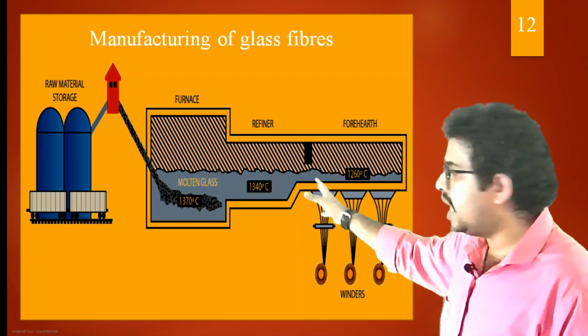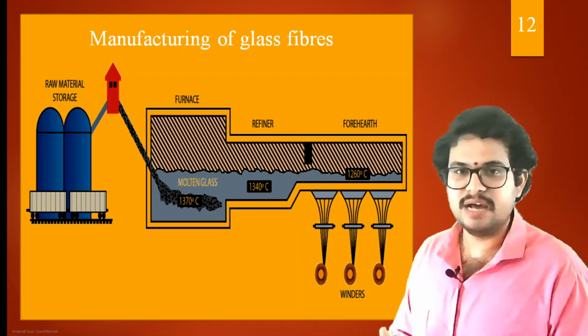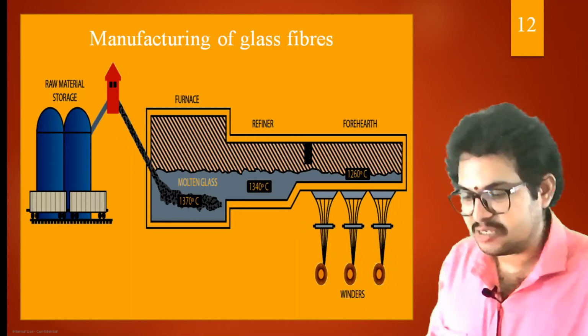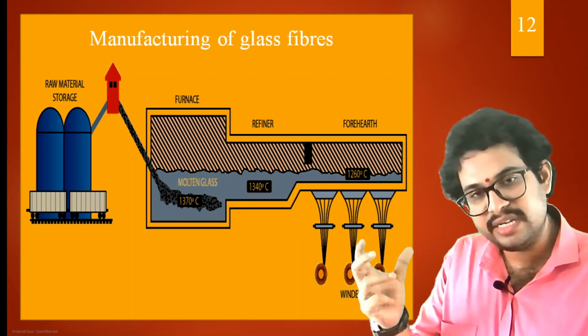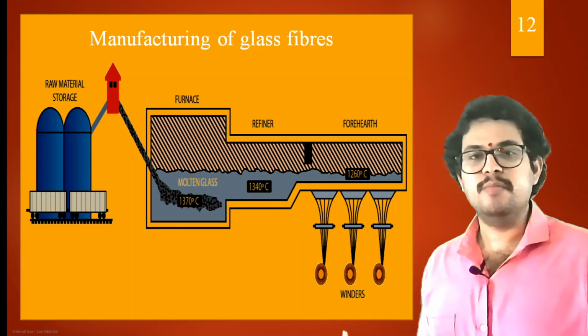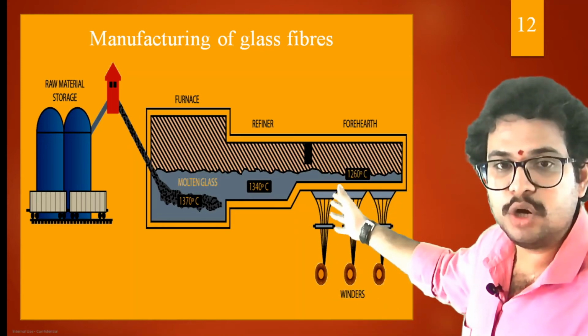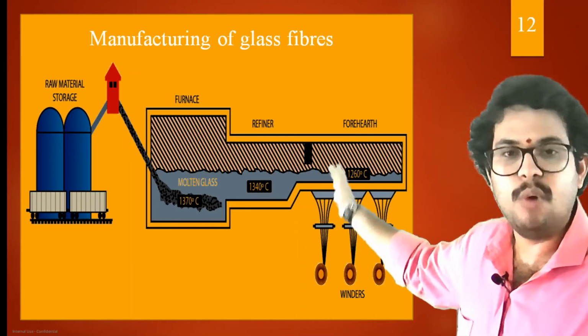And that glass material will be heated up so that we supply glass in a molten state, at a temperature of around 1370 degrees centigrade.